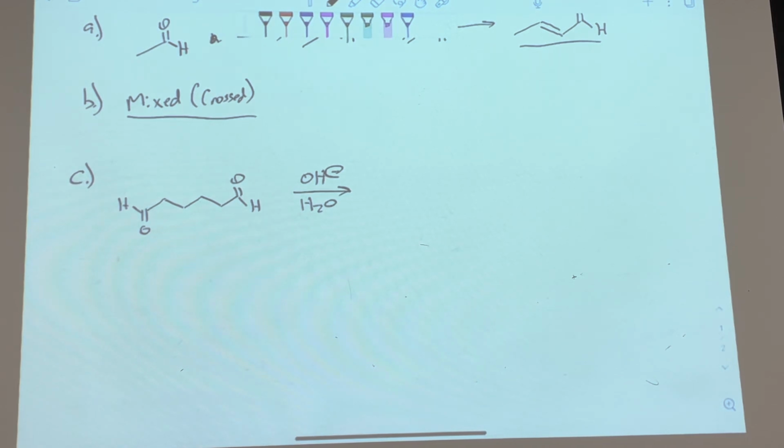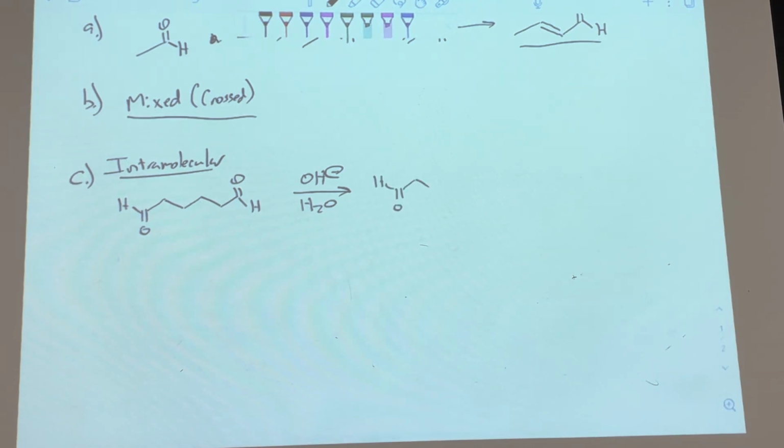We're setting up to do an intramolecular aldol reaction. The way this would work is pretty much the same way that we have seen for all of the others. You will end up deprotonating one of the alpha positions. So you generate some of the enolate, and then this can wrap around and attack the other aldehyde.